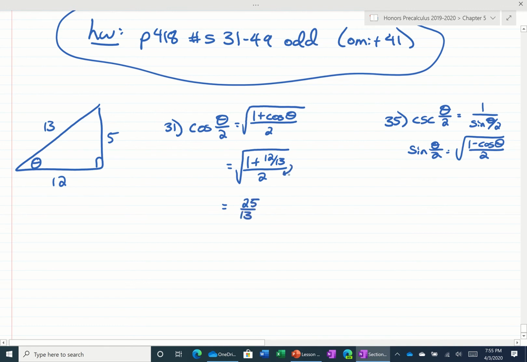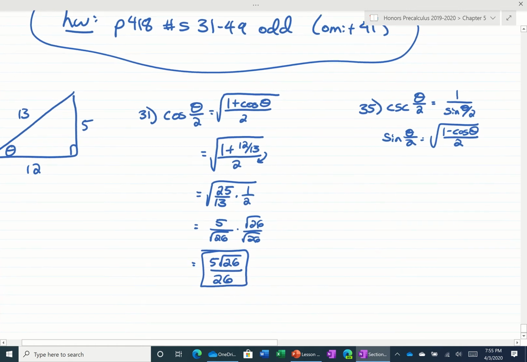And right here we're dividing by 2. So instead of saying dividing by 2, I'm going to write multiplying by 1/2. This gives us the square root of 25 over the square root of 26. And rationalizing gives us 5 root 26 over 26. That would be our answer for cosine.